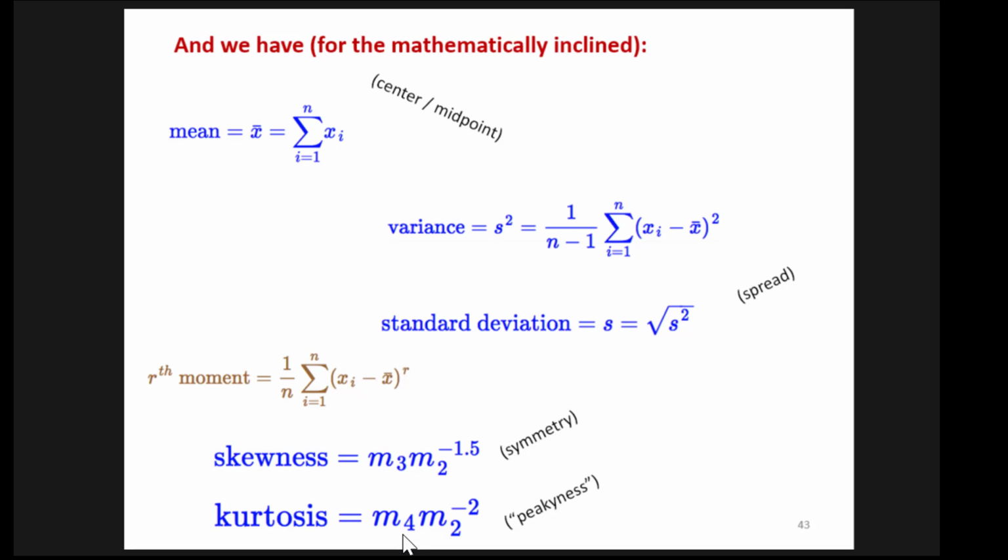Square root of that is called the standard deviation. And now we get into something more complicated. We have moments, as they are called, defined like this. I don't want to go into all the details here, but skewness and kurtosis, in fact, are defined in terms of these moments over there. If you're into the statistics and into the actual formulas, you can look at them there.